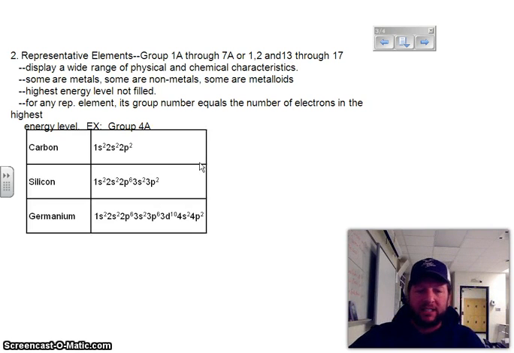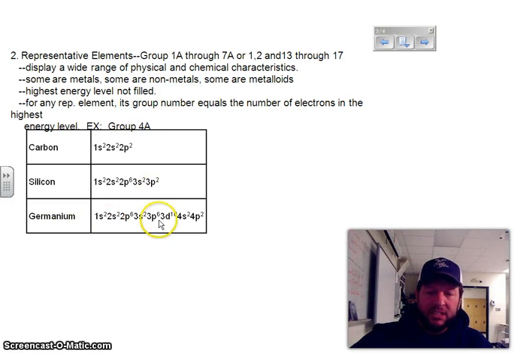So let's take a look at carbon. Carbon, 1s2, 2s2, 2p2. You add those last two up, and that equals 4, a group 4A element. Silicon, last two, 3s2, 3p2. It has 4 electrons in its outer shell.